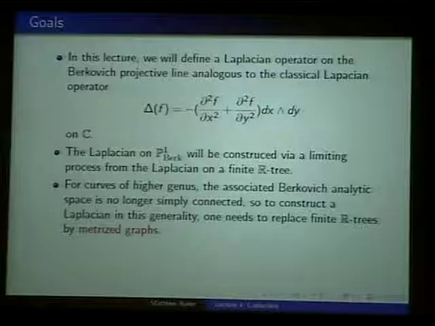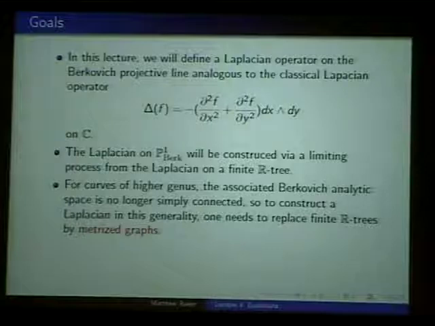Now for curves of higher genus, as I mentioned briefly, I showed you a picture of a tree that is not simply connected, which you should always keep in mind, since we have to deal with such things. And the associated Berkovich space is no longer simply connected for curves of higher genus. And so if we wanted to construct a Laplacian there, we shouldn't really just look at trees, but metrized graphs. So instead of R-trees, we'll look at graphs where the edges are thought of as line segments having definite lengths.